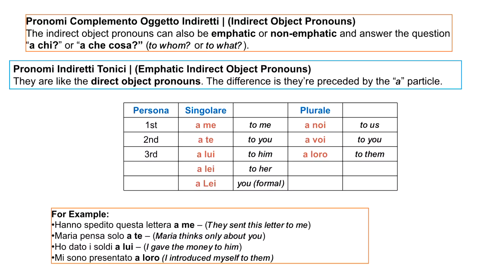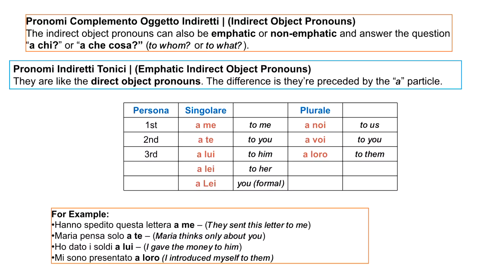Okay? And these are a me, a te. Notice that these are preceded by the letter a, the preposition a. A me, a te, a lui, a lei, a lei. This is formal.